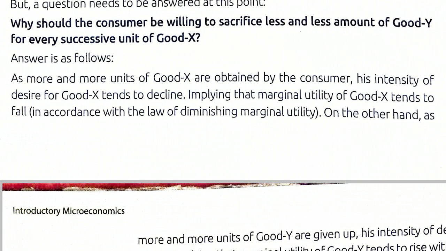Why should the consumer be willing to sacrifice less and less amount of good Y for every successive unit of good X? As I discussed, when the consumer is consuming a particular commodity for the first time, or after a long gap, initially he wants to pay more price.